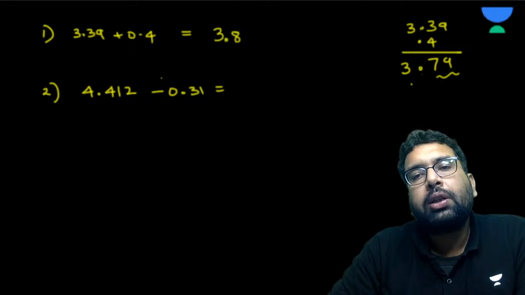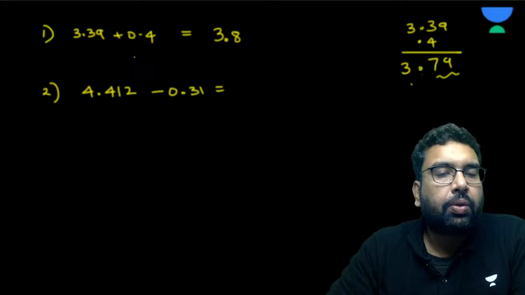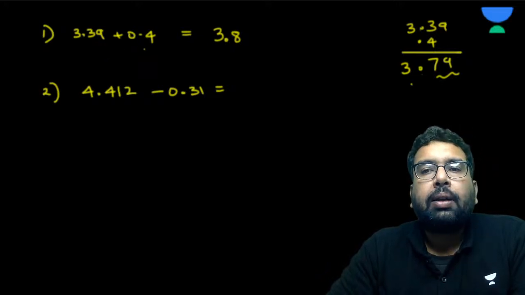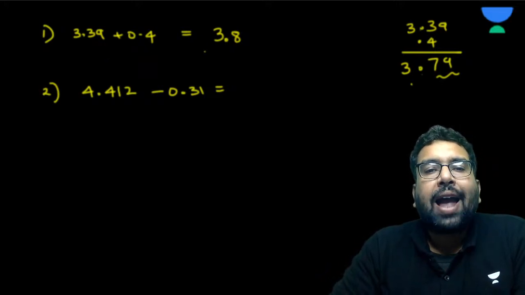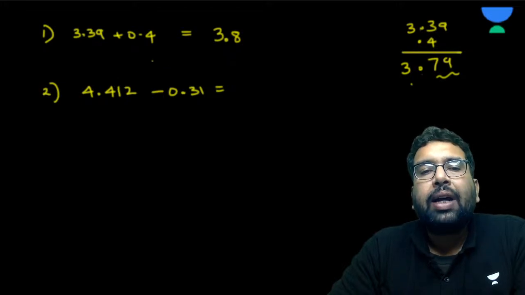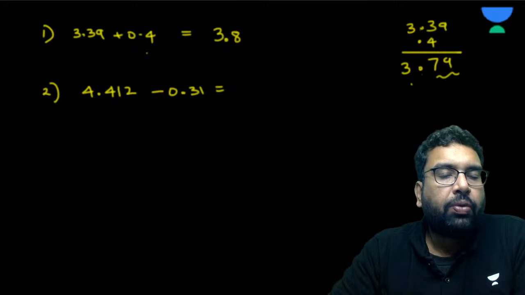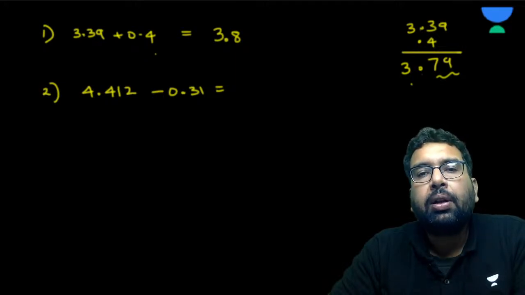Why so? Because when we add them, the final solution must have the same number of digits after the decimal as present in the value with the least decimal places. Obviously, 0.4 is the value with the least decimal places. So you are going to get 3.8 here.